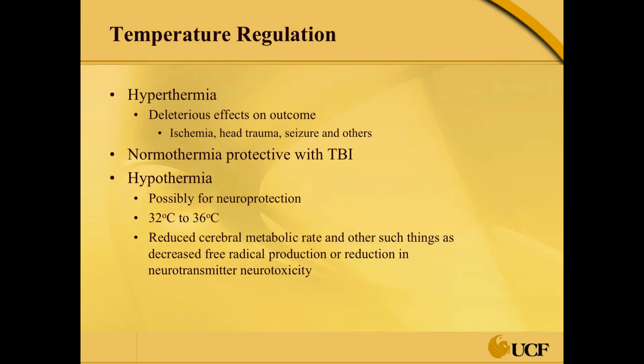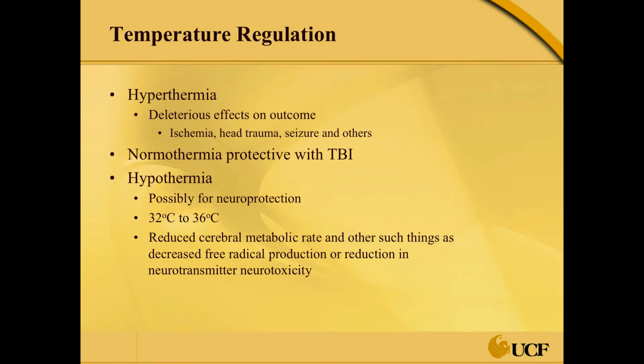Normothermia is protective with traumatic brain injury, and then here it's on this slide actually. Like I mentioned before, hypothermia is something that you're going to see used quite a bit, and we used to use this in the ICU down at Dr. Phillips when I was down there doing my residency in my acute care NP program. I saw the Arctic Sun, which is the name of the blanket that we used there, and you cool the patient down to 32 to 36 degrees Celsius, and you get reduced cerebral metabolic rate.